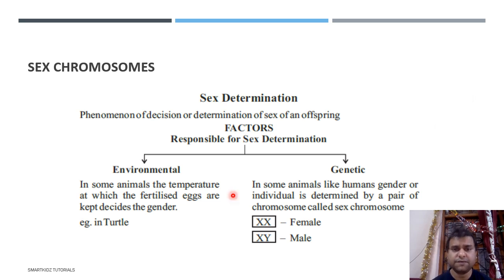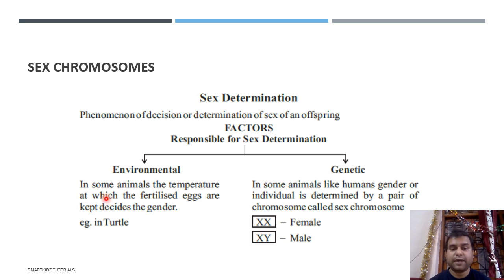In front of us, in humans, as we have discussed previously, we have the XX chromosomes determining females and the XY chromosomes determining males. So the pairing of the chromosomes determines the sex of the individual, whether it is a male or a female.